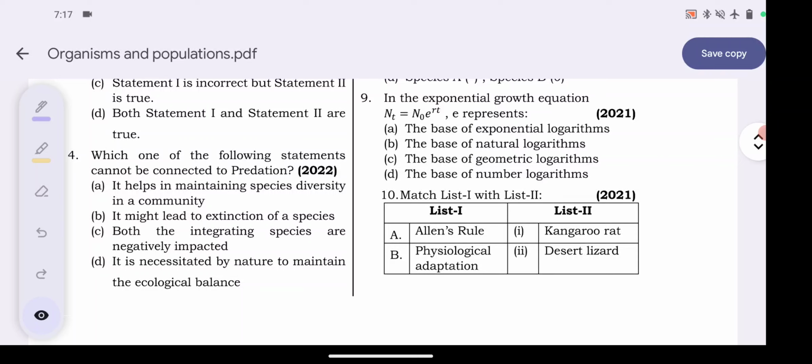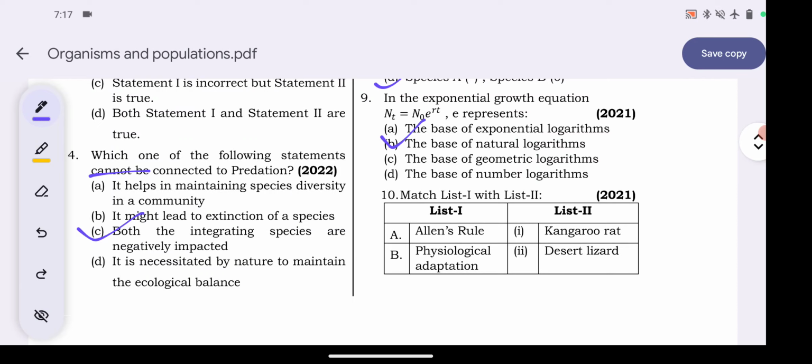Here E represents the base of natural logarithm. Option B will be your answer, where Nt represents the population density after time t, N naught represents the initial population, r is the growth rate, and t equal to time.